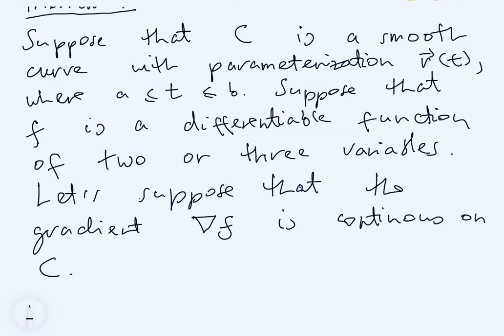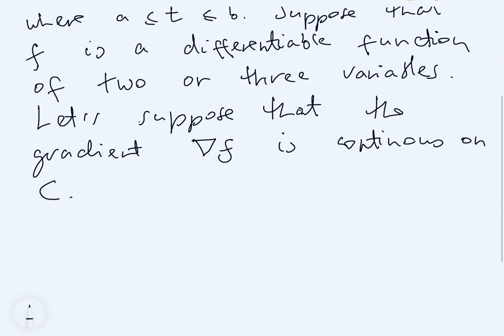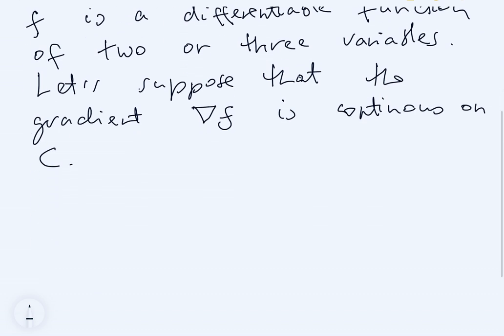We suppose that C is a smooth curve with a parameterization r of t, where t is between a and b, and we'll also suppose that f is a differentiable function of 2 or 3 variables. Let's suppose that the gradient grad f is continuous on this curve C.